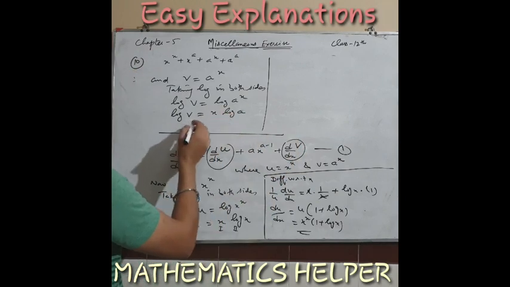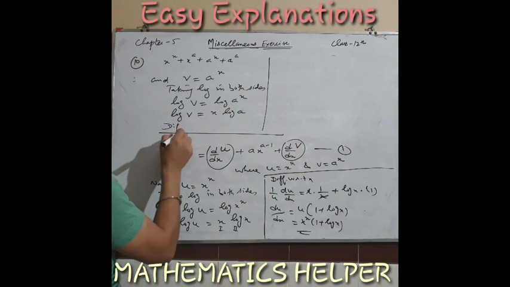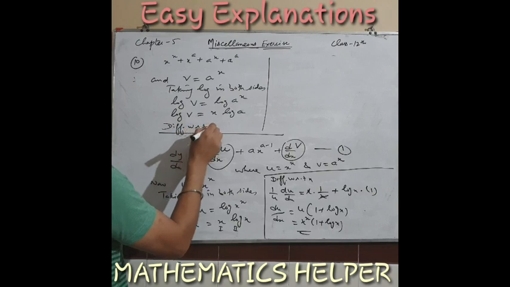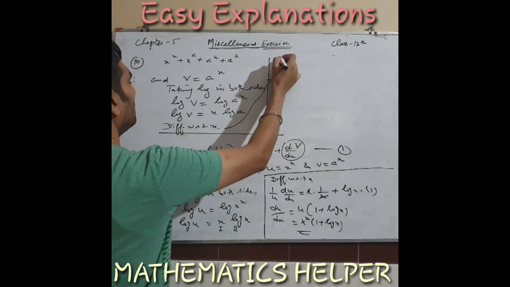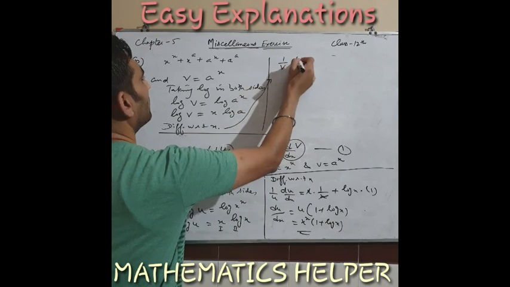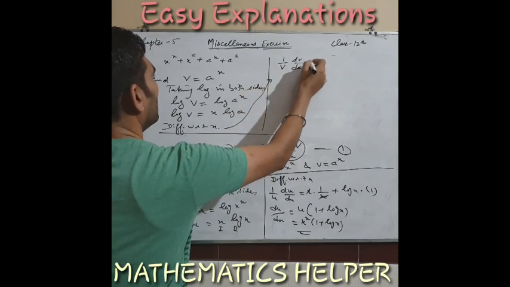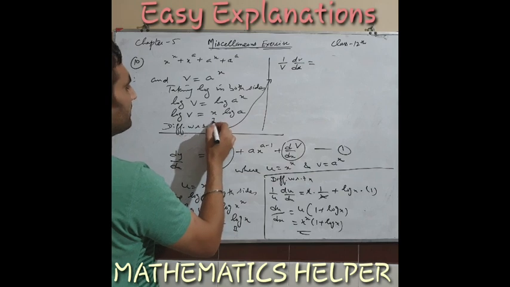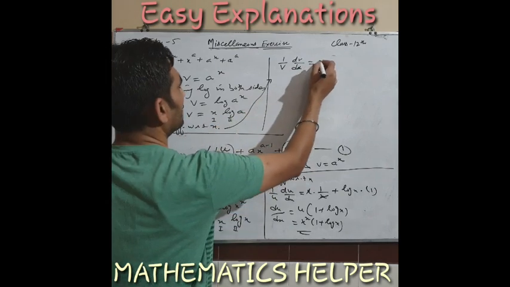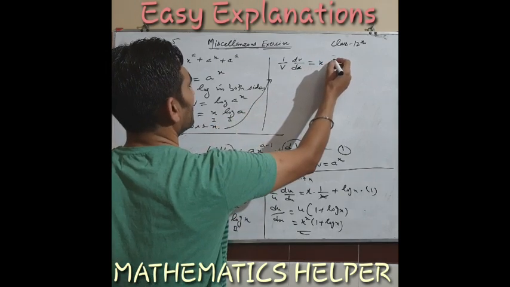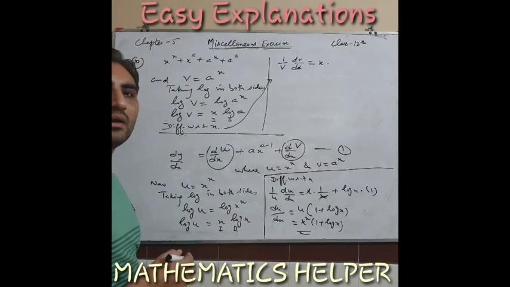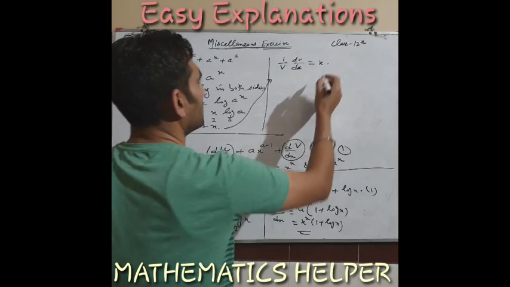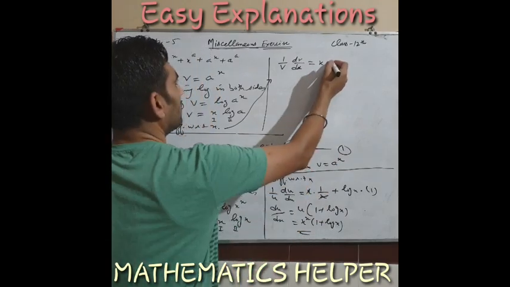Okay. So I am writing, differentiating with respect to x. It will be d of 1 over v dv over dx. For this v equal to the same, first part, second part. First as it is, and the derivative of log a: log of a is a constant value, so its derivative equals 0.